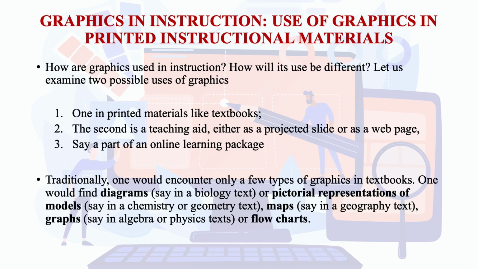Traditionally, one would encounter only a few types of graphics in textbooks. One would find a diagram, say in a biology text, or pictorial representation of models, say in a chemistry or geometry text, maps, graphs, say in algebra or physics, or flowcharts.